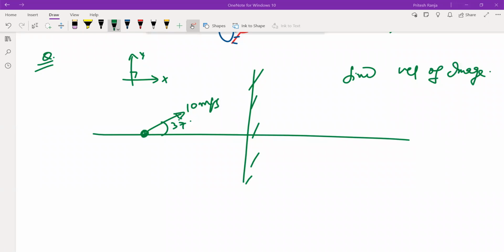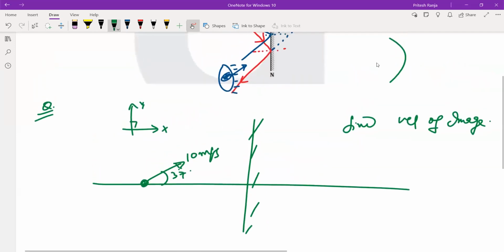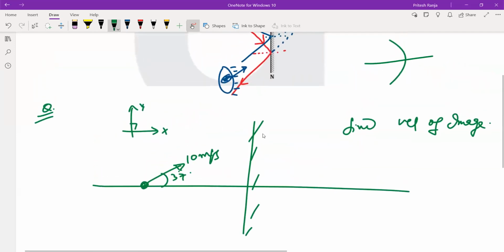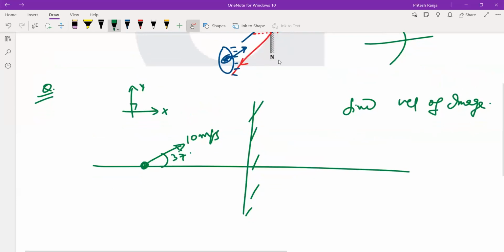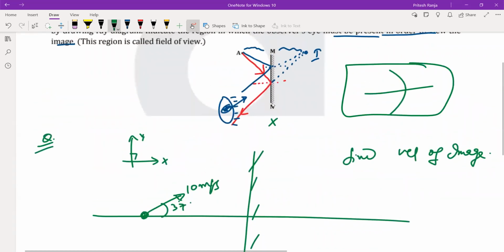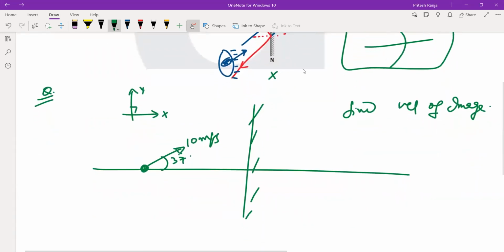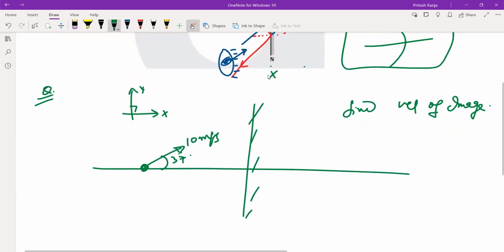When did we do this question, bhai? We did with respect to this mirror. When did you do this question? Last class we did not do this question, Abhiram. We did the question with respect to this mirror. This is a plane mirror here.